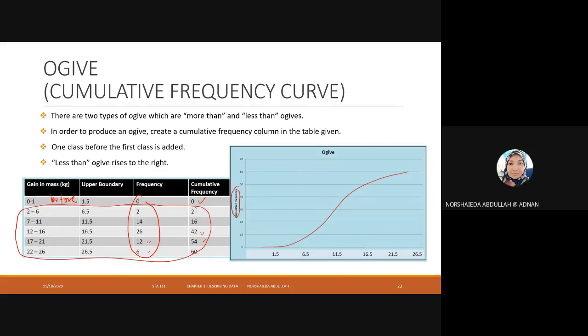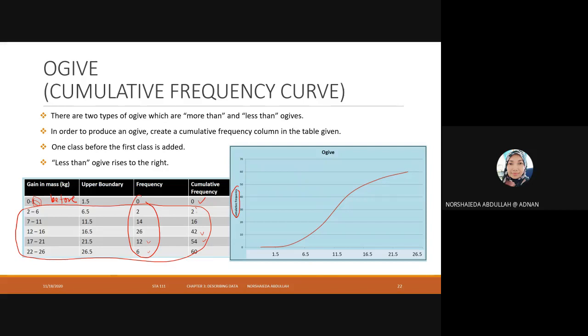And then X-axis is the upper boundary. Okay, so kita ambil upper boundary the class before the first class, upper boundary dia is 1.5 lah. Okay, before tu dia punya upper limit dia mesti 1. Okay, upper limit dia 1. Jadi boundary dia is 1.5.